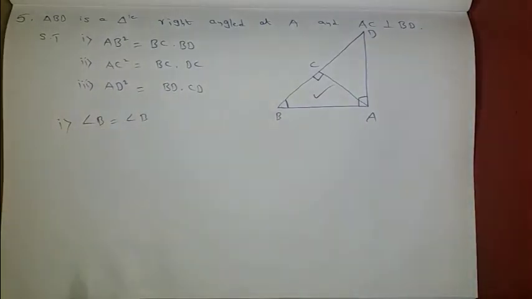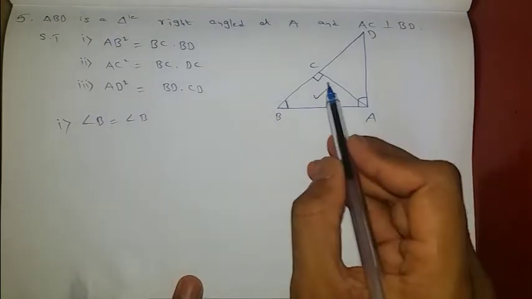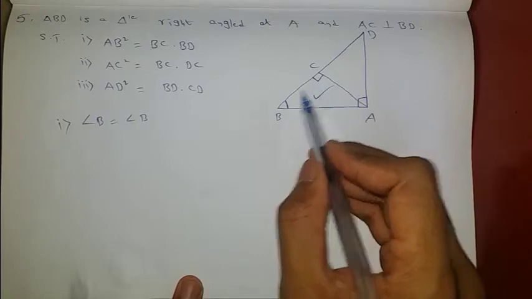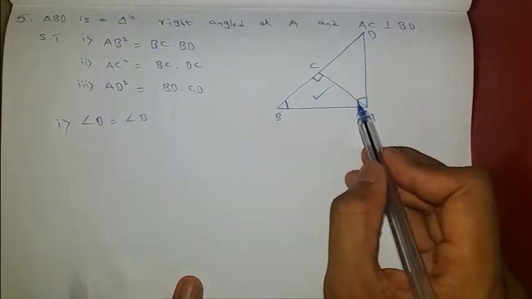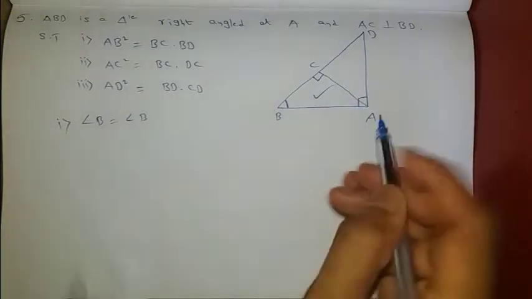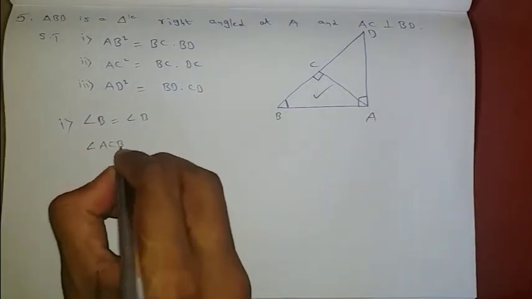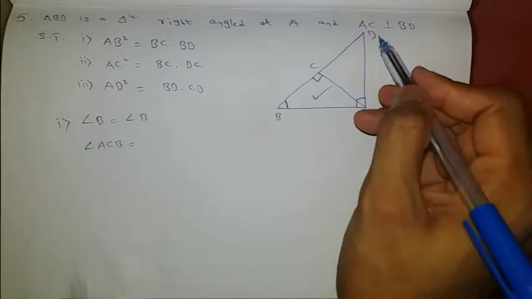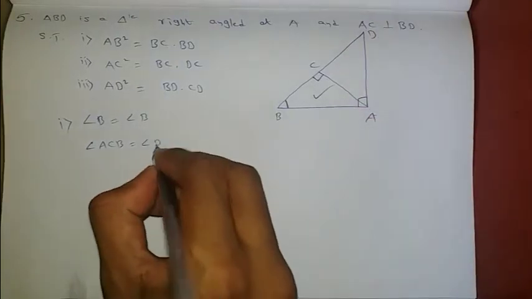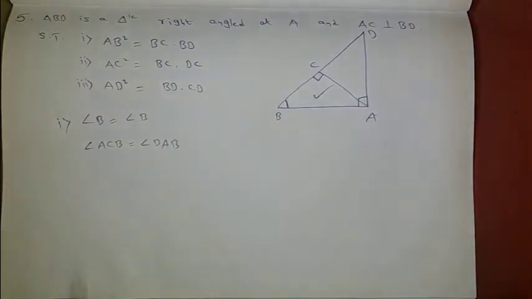I'm solving the first one. Angle B equals angle B. Next, for the smaller triangle we have 90 degrees, and for the bigger triangle we have 90 degrees. So angle ACB is equal to angle DAB. If two angles of the triangles are equal to each other, obviously the third angle is also equal.